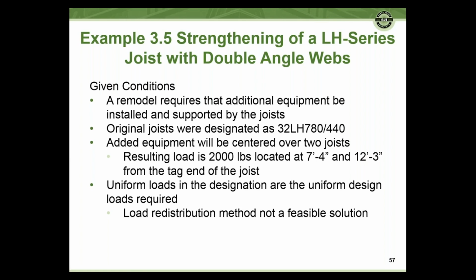Our original joists were designated as 32LH780/4/440. The additional equipment is going to be spread over 2 joists, and that's going to result in a 2,000-pound load located at 7'4" and 12'3". We have our uniform loads in the designation, which are the uniform design loads required.